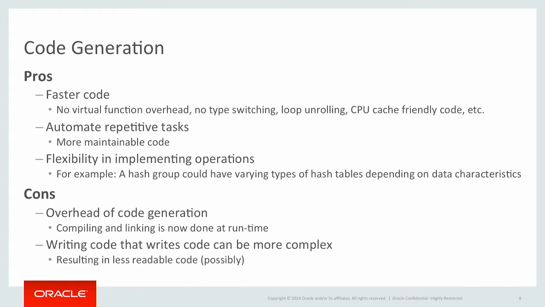So that's something that goes into the budget that you have for evaluating the entire query. So that's definitely overhead. The second piece is that writing code that writes code is more complex. So it may mean that the code is less readable, maybe less maintainable.